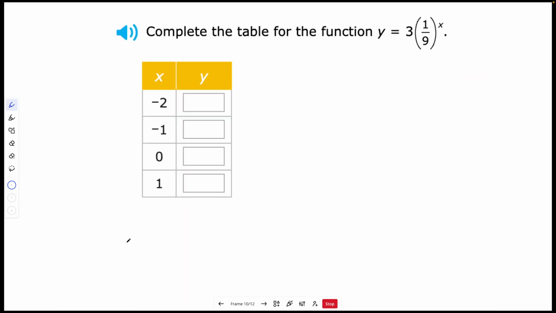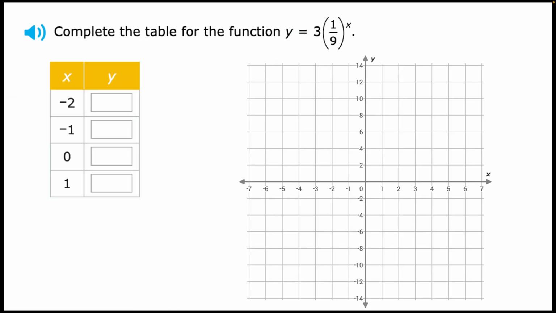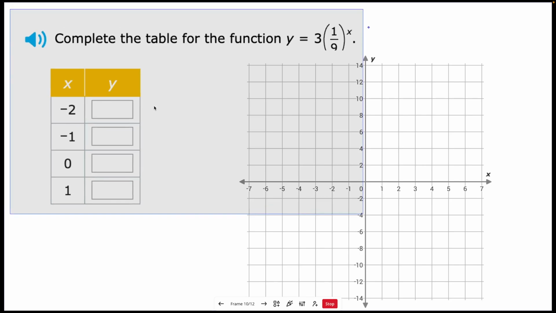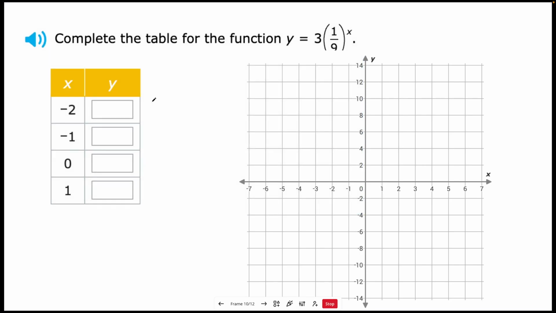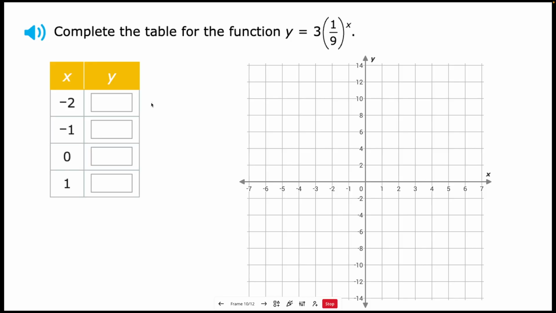All right, for this last one, you'll notice that now there is a number in the front, and I am missing a graph, so let me put that in. Okay, so when you do this, the only thing you have to remember is, okay, here we go. Y equals 3 parentheses 1/9, and let's plug in our -2.